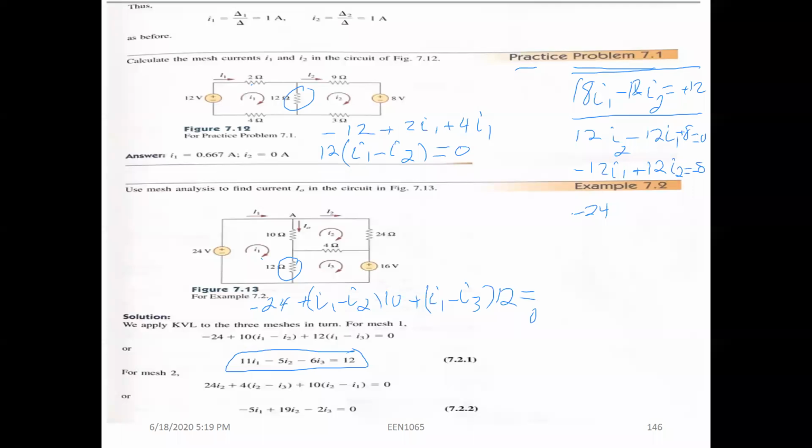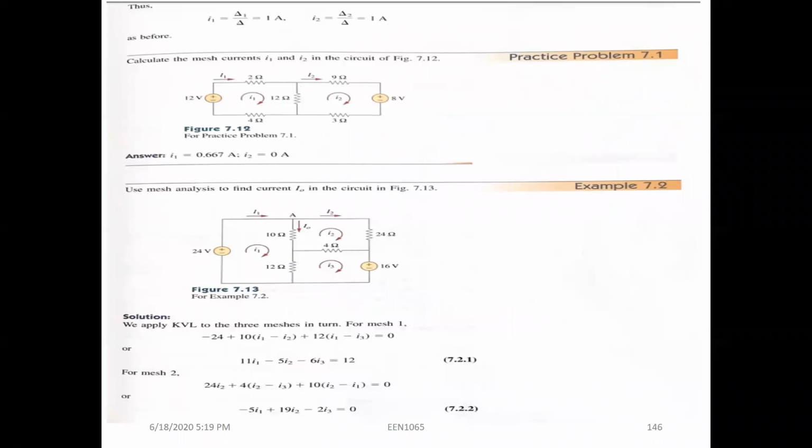Now for the second loop, or mesh 2, let's start with 24. So it will be 24 I2, and then because this is the middle between mesh 2 and mesh 3, it will be plus I2 minus I3. Let me remind you why I started with I2 first: because I am applying KVL around mesh number 2, so I2 will be the plus.